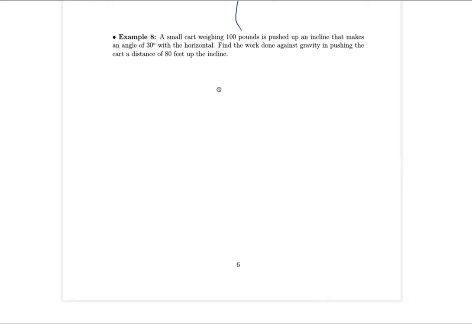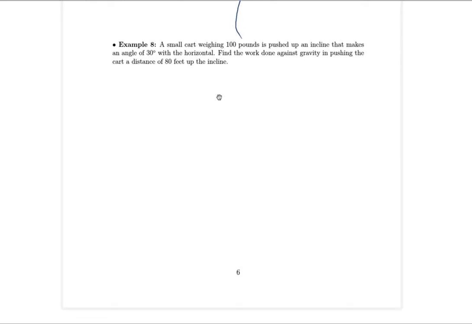All right, one other example here. It says a small cart weighing 100 pounds is pushed up an incline that makes an angle of 30 degrees with the horizontal. Find the work done against gravity in pushing the cart a distance of 80 feet up the incline. Again, starting with the picture is probably a great idea. So here's my incline, and that incline's making 30 degrees.